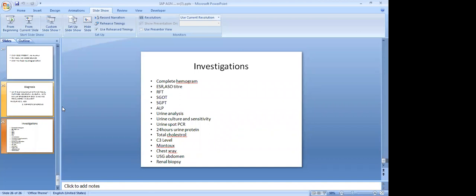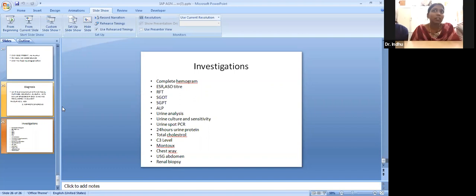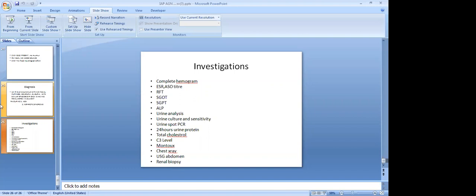Okay. So how do you want to evaluate them? Complete investigation, complete hemogram, ESR. Wait, don't read. You tell first and tell what you are expecting. Okay, you want to do a complete hemogram. What do you expect in a complete hemogram?